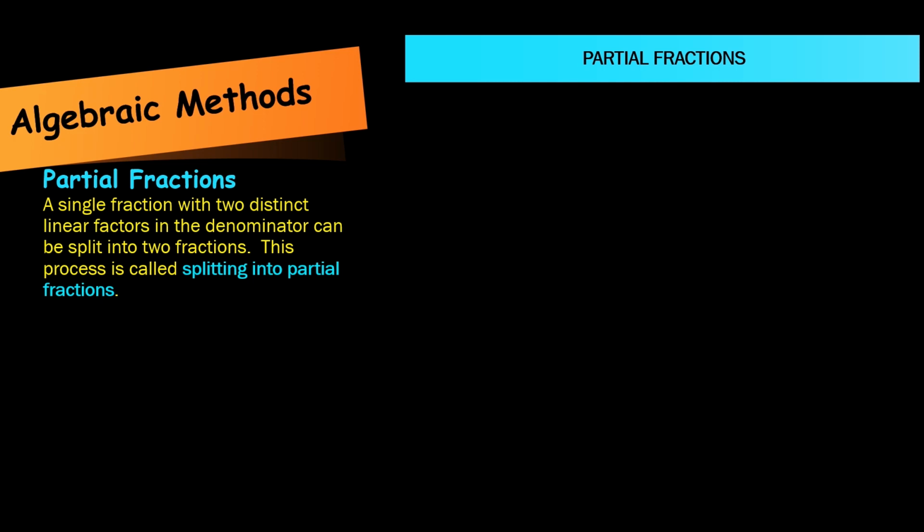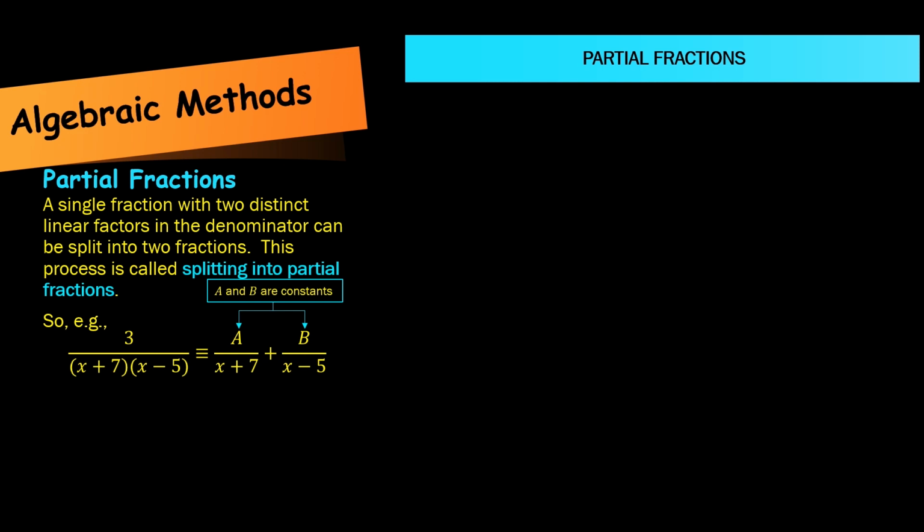So, for example, 3 over x plus 7 times x minus 5 is identical to a over x plus 7 plus b over x minus 5, where a and b are constants. So notice that we have rewritten the expression on the left as the sum of partial fractions.